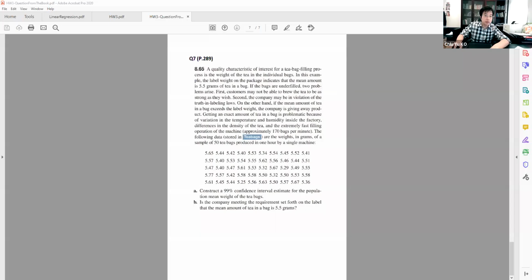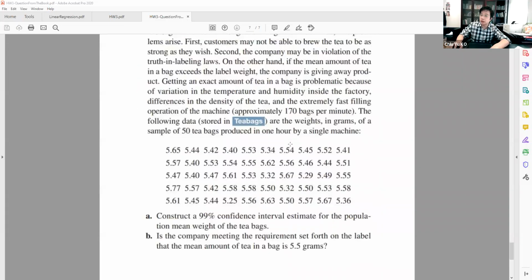Meeting the requirement. You should read the question carefully. Meeting the requirement, is it the label? You read it again. Can you see the question?